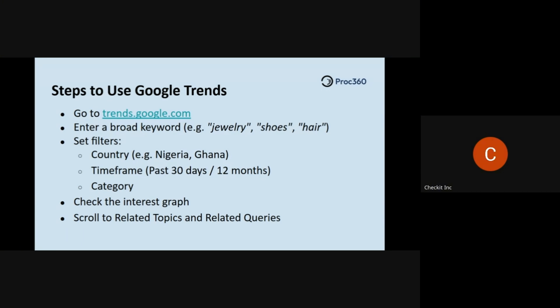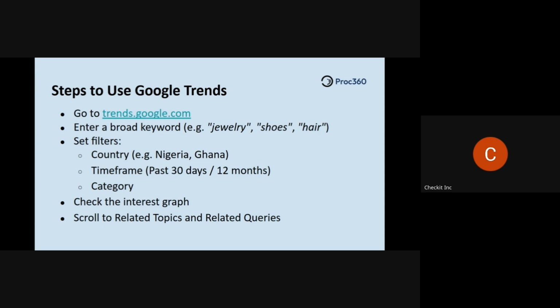Then set a filter. Google Trends has filters where you can filter based on country, or time frame. What are people saying about this particular thing in the last 30 days, in the last 90 days, in the last 12 months? What category? Is it apparel? Is it automobiles? Different stuff like that. Then it also has a place where you can check the interest graph.